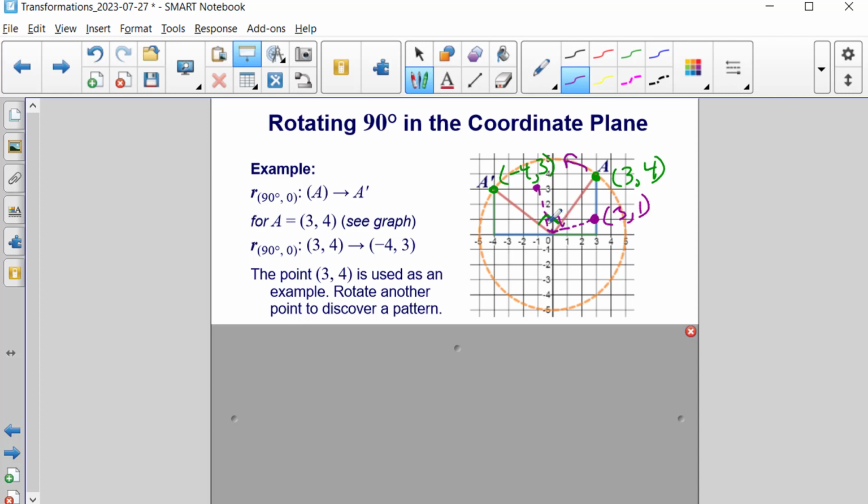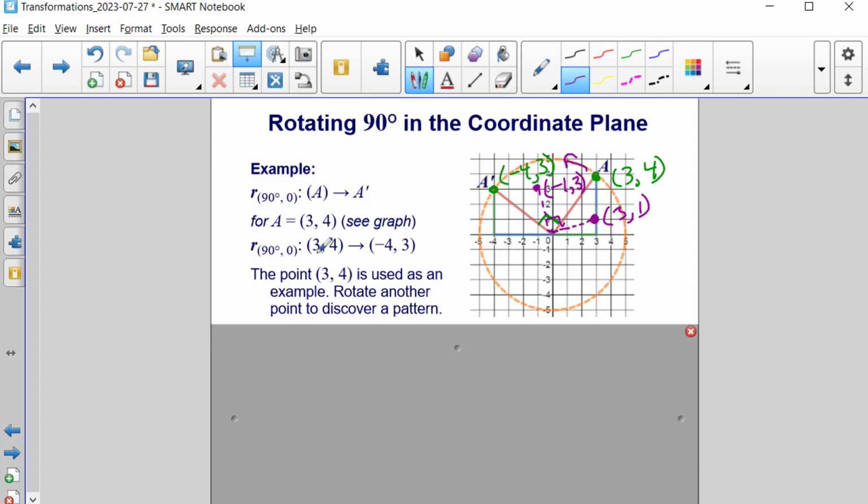Notice how we make the 90-degree angle, and the slope of the line from the origin to our new point is 1/3, and the slope of the line connecting the original point to the point of rotation has a slope of -3 over 1. So those slopes are opposite reciprocals. And then this new point ends up being -1, 3.